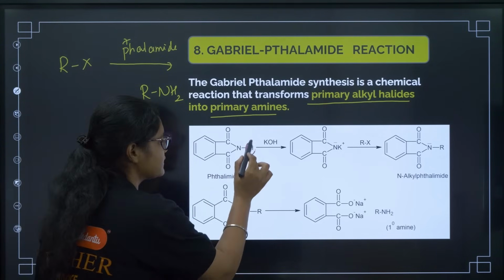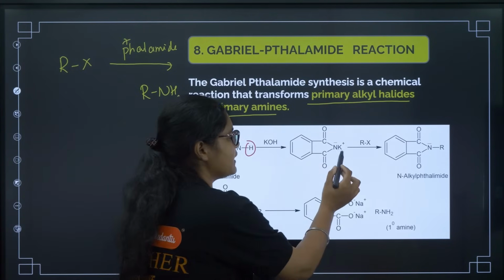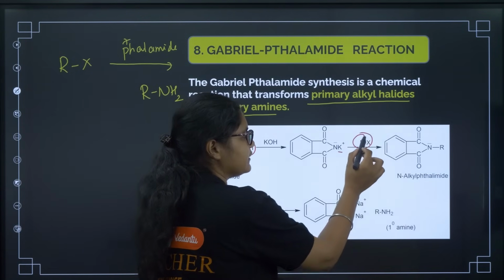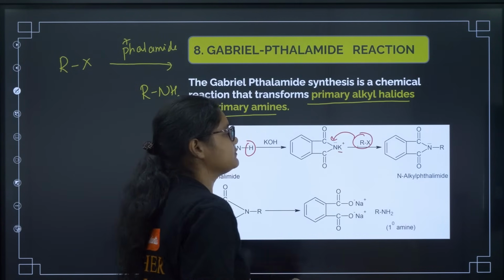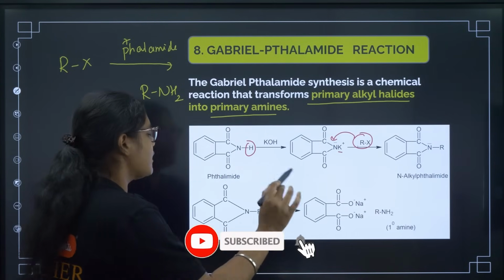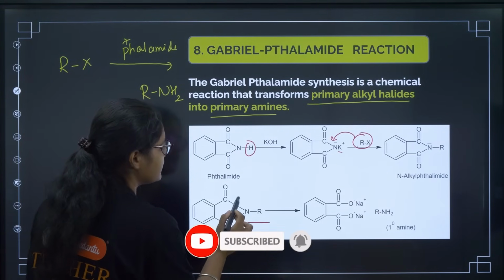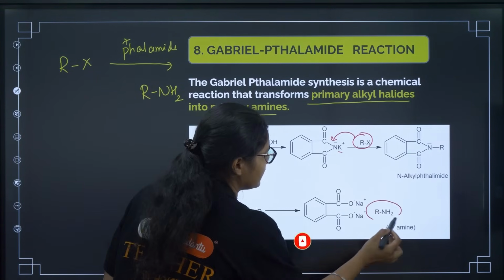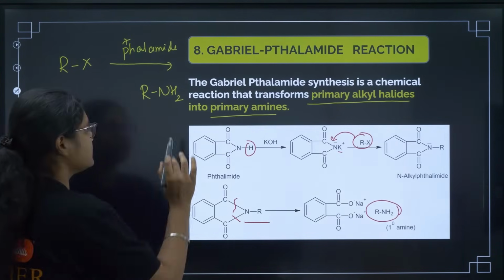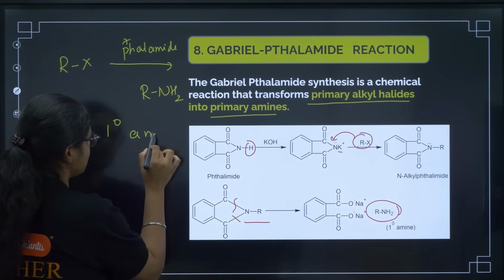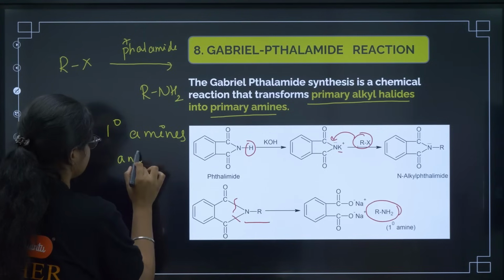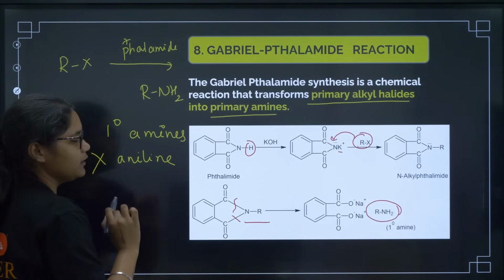It will abstract this H and we will get N minus and K plus. Now our reagent is ready. RX is the reactant. So R will bond here and X will be taken away by K. So we will get this N-R product. Now if you hydrolyze this N-R product, it will break here and we will get RNH2. Here one more condition you have to remember. This method can only be used for the preparation of primary amines. You cannot even prepare aniline with this method. Aniline cannot be prepared using this method.